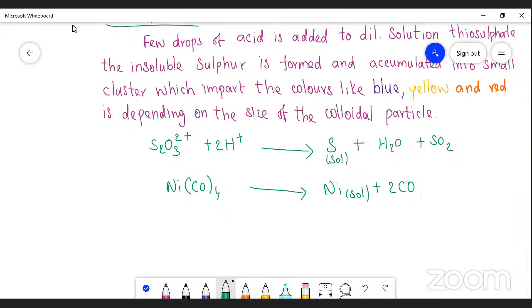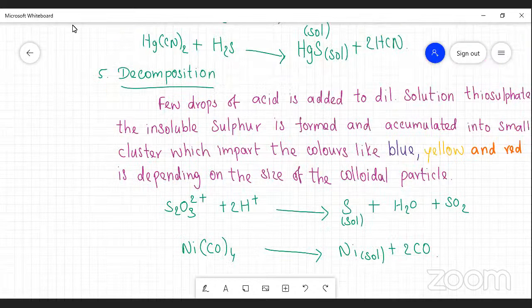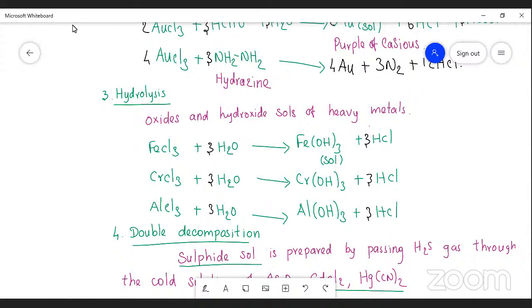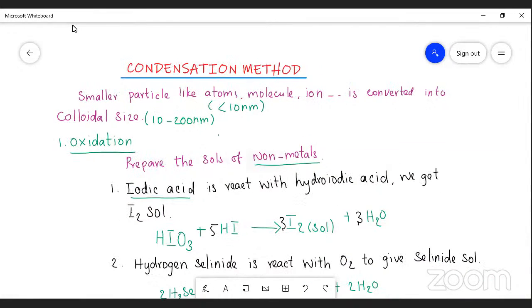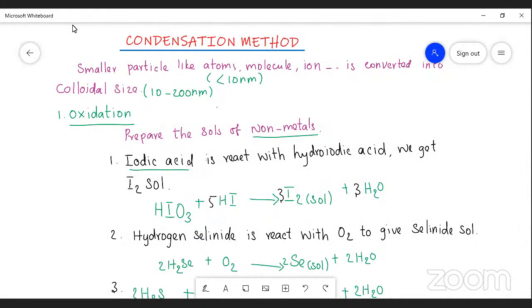So what are the chemical methods? We are taking the chemical methods of preparation of colloids: oxidation, reduction, hydrolysis, double decomposition and decomposition.